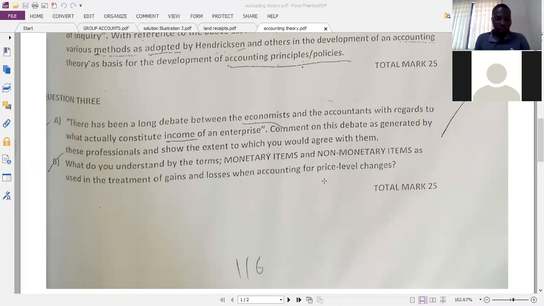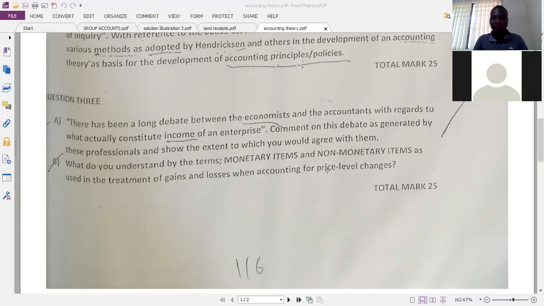When we talk about monetary items, we are basically talking about transactions that are fixed by contracts, or by their nature, are expressed in fixed monetary value, regardless of the changes in price level.